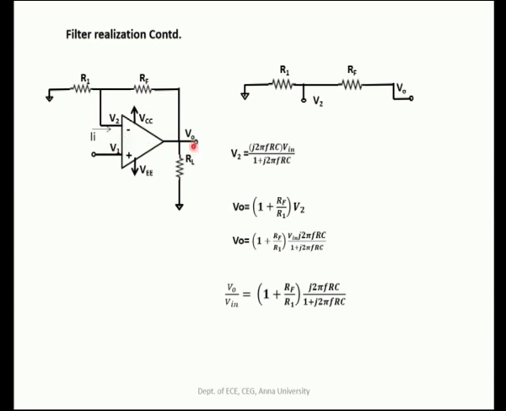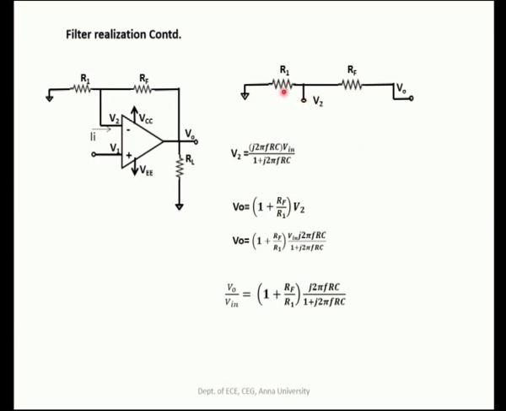So, for a finite V naught, the input voltage is 0. The input voltage here is V 2 minus V 1, so V 2 minus V 1 will be 0. So, V 2 is equal to V 1. The current drawn is 0 here, so this side will act as an open circuit.